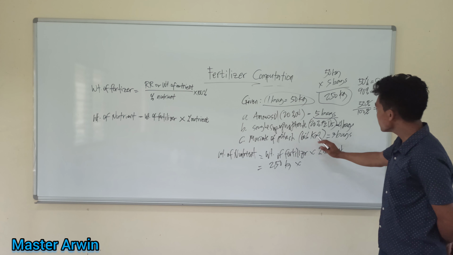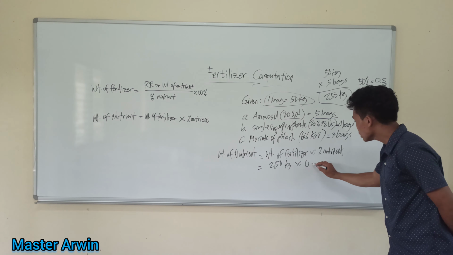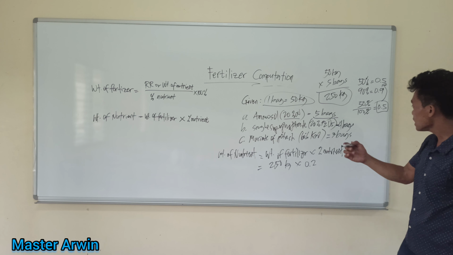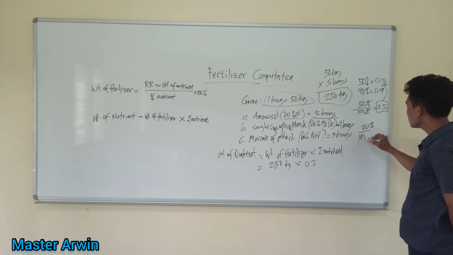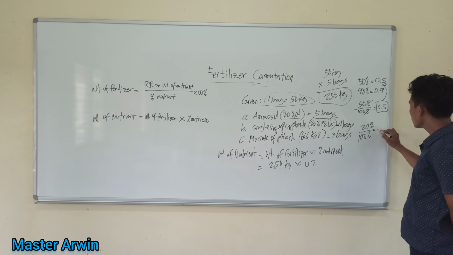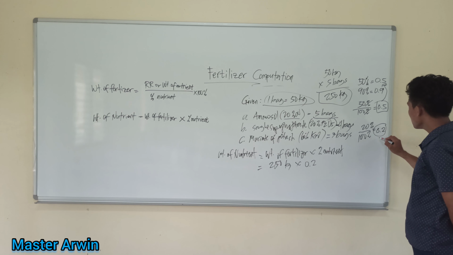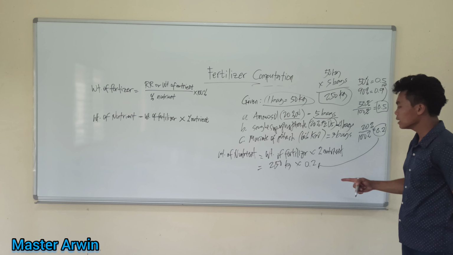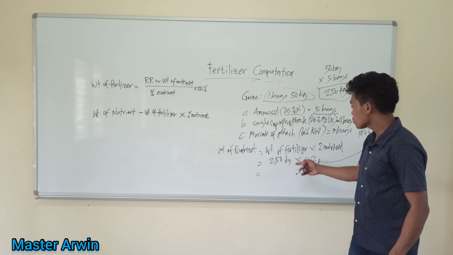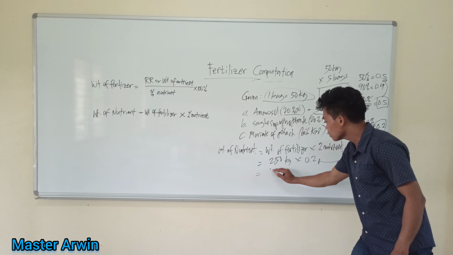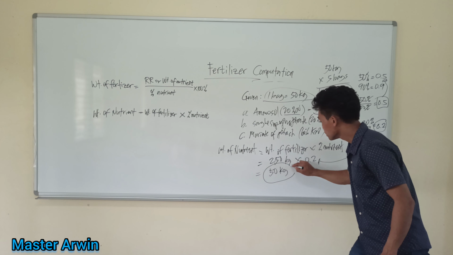So, instead of 20%, we will use 0.2. Since 20% divided by 100% is 0.2. So, we will use this decimal. So, 250 kilograms times 0.2, that would be 50 kilograms.